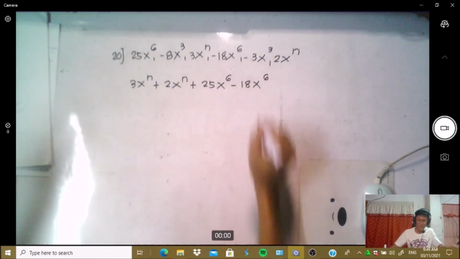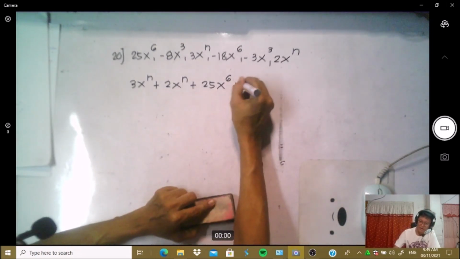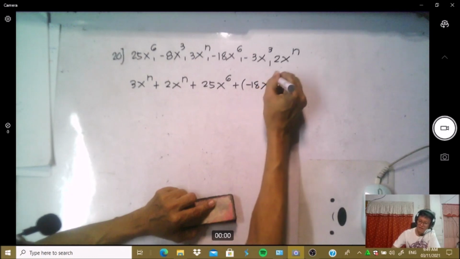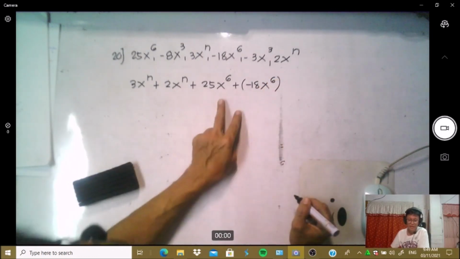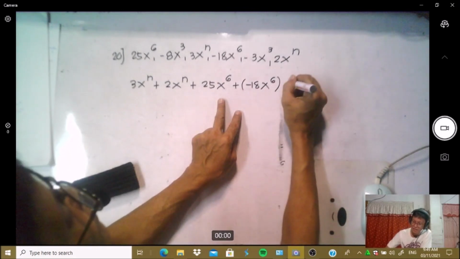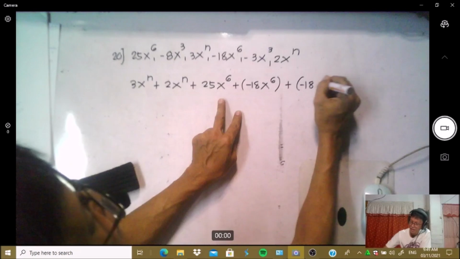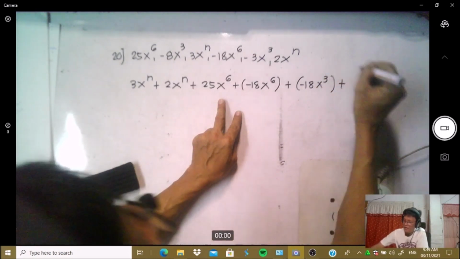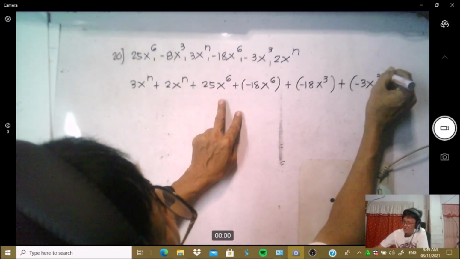So actually, to put it in correct form, we have to add negative 18x raised to 6. Okay, so next will be plus negative 18x cubed, then plus negative 3x cubed.